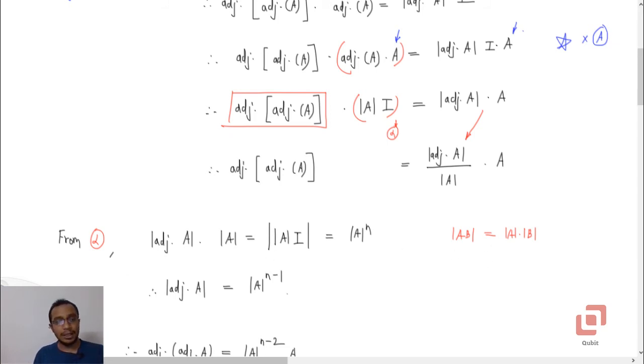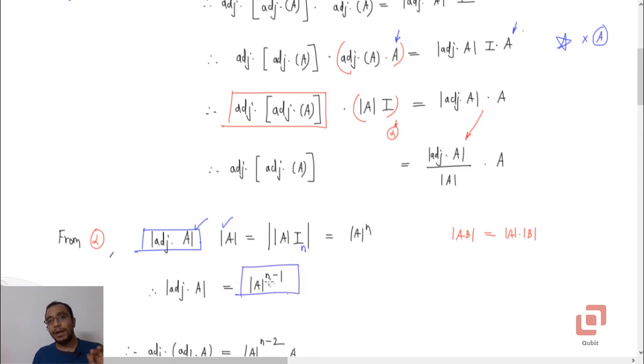So we can say that determinant of adjoint of A into determinant of A is equal to the determinant of the right hand side. If we have identity matrix of order n, then every diagonal element of determinant of A into I_n will be determinant of A. So effectively the determinant is going to be determinant of A raised to n. So the determinant of adjoint of A will be determinant of A raised to n minus 1.